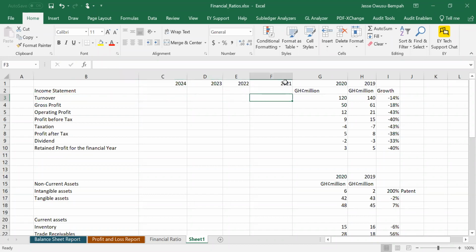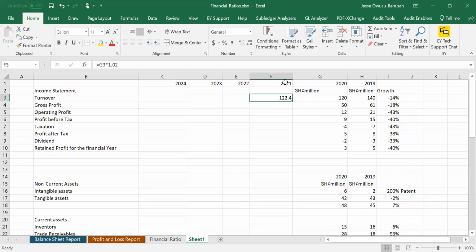If they tell you 2% year on year, you obviously know what to do. It means that you have to multiply this 120 by 1.02. I hope that makes sense.